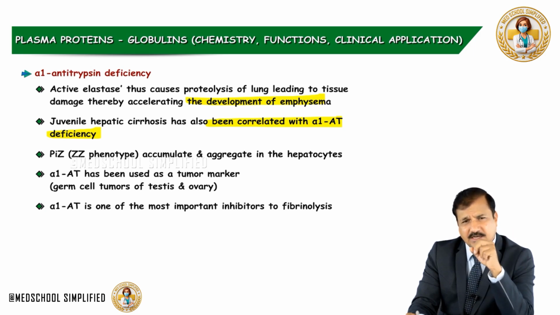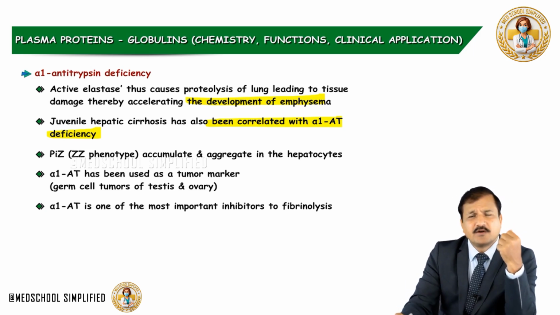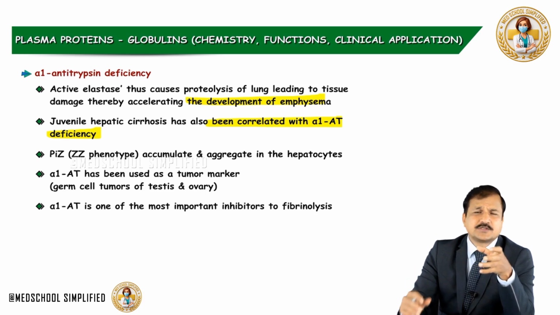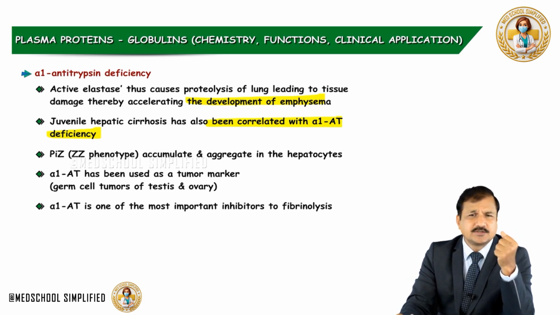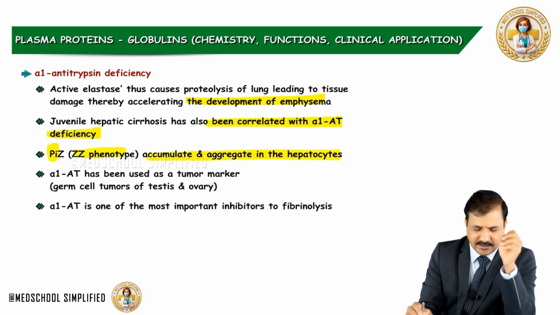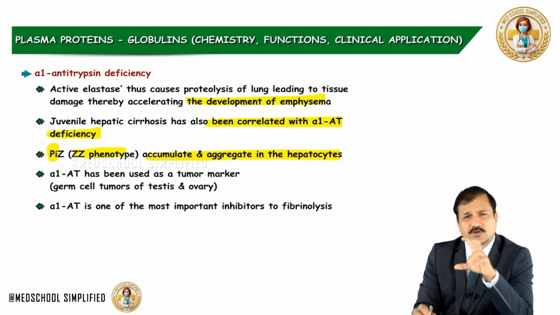It is not being secreted, so continuous accumulation of aggregates of alpha-1 antitrypsin in the endoplasmic reticulum of the liver will lead to fibrosis of the liver, and that eventually leads to hepatic cirrhosis. So PiZ, that is ZZ phenotype, accumulates and aggregates in the hepatocyte. It leads to cirrhosis, as I explained earlier.